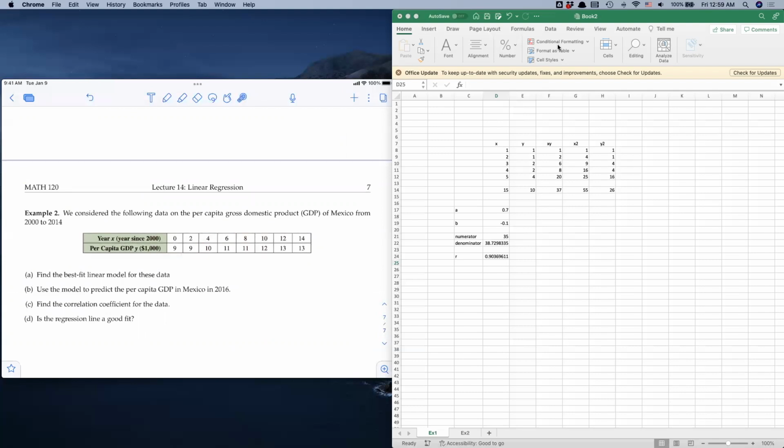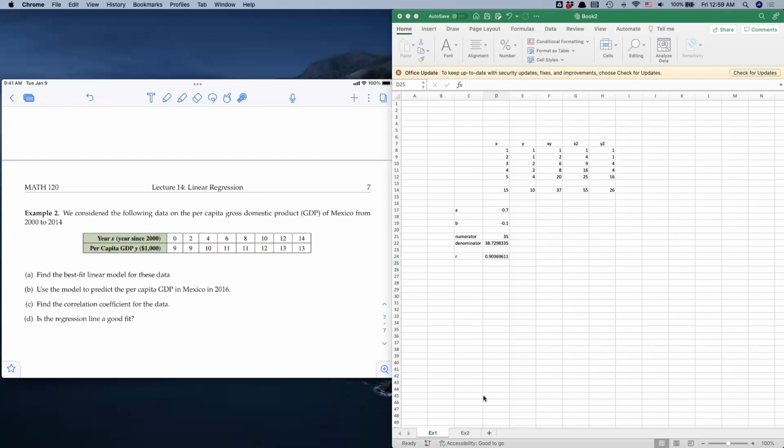I'm going to use this table of data to find the best fit linear model for the data. And then we're going to use the model to predict the per capita GDP in Mexico in 2016. Then later on, we're going to find the correlation coefficient for the data and see if the regression line is a good fit to the data set or not.